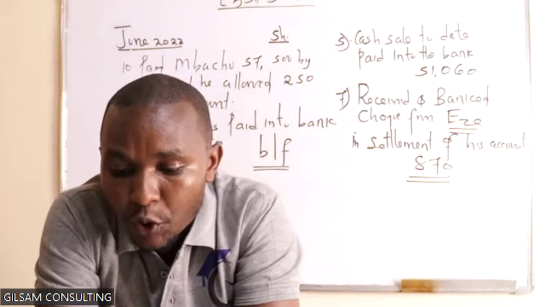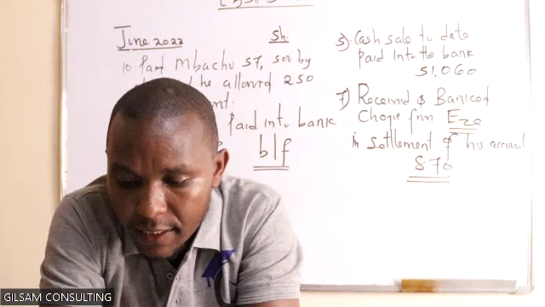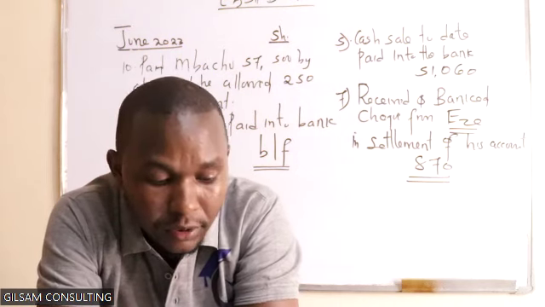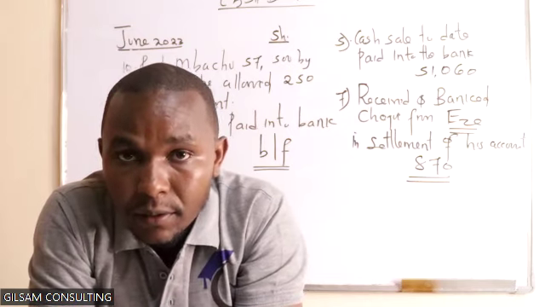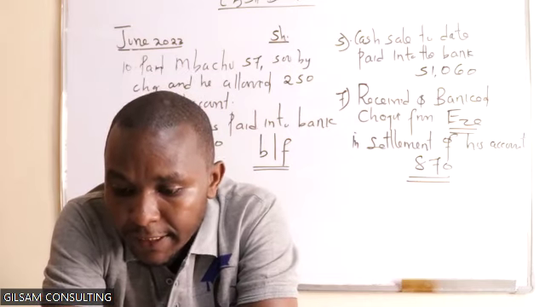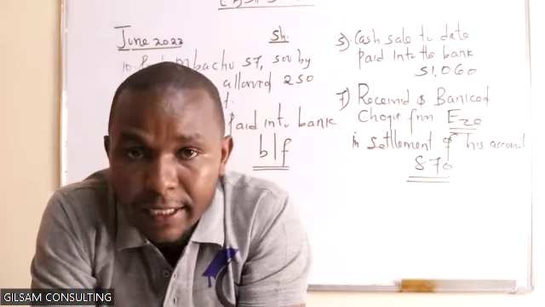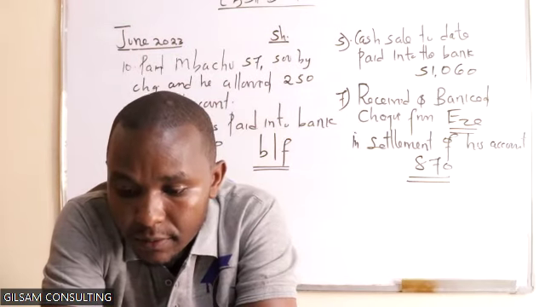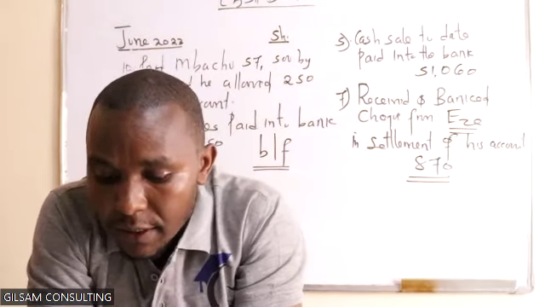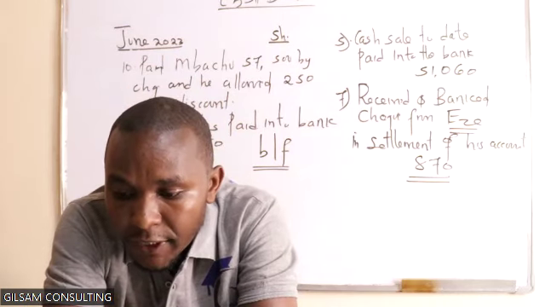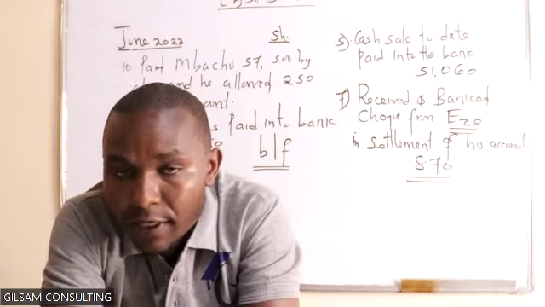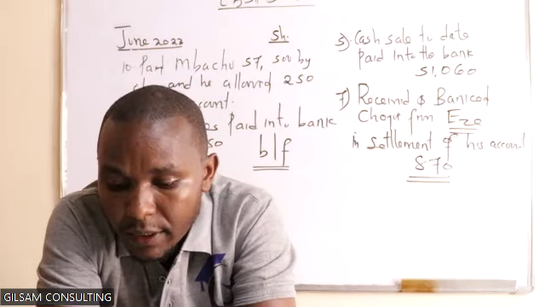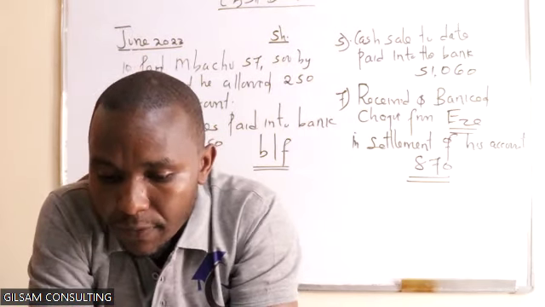Date 15, cash withdrawn 10,000. Date 18, cash sales to date 12,000.